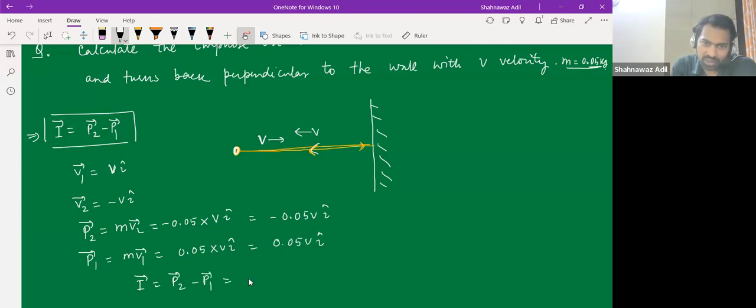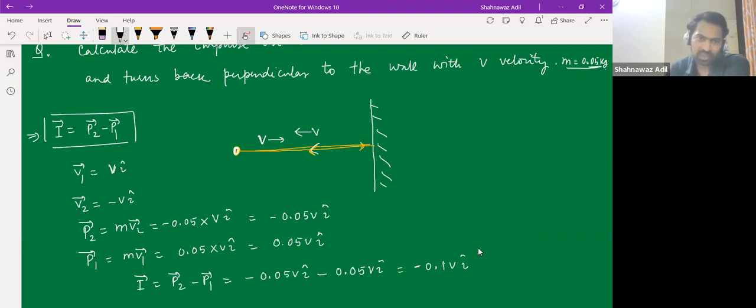So this would be minus 0.05 v i minus 0.05 v i. So this is 2 into this, so 0.1 v i. Okay, so this is our answer. Is this clear?